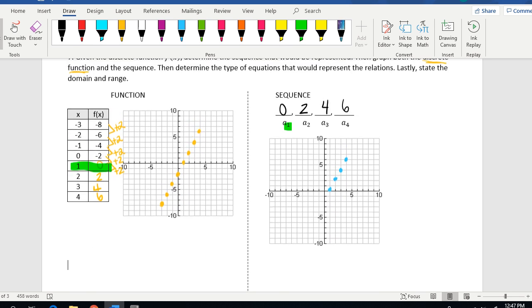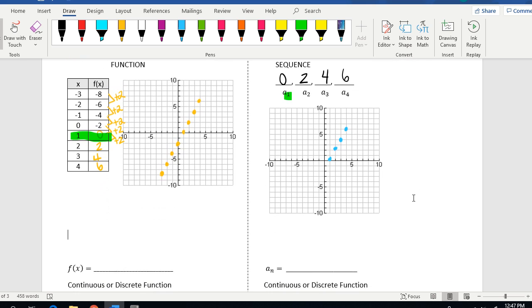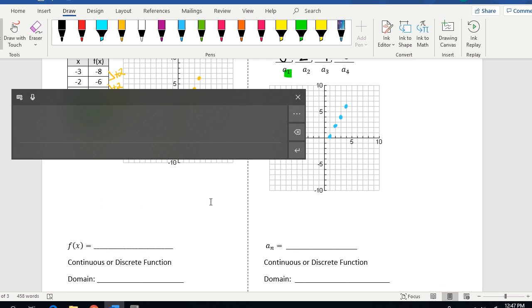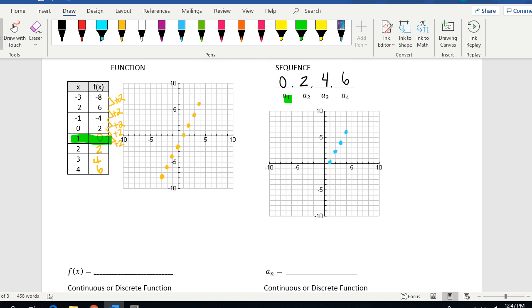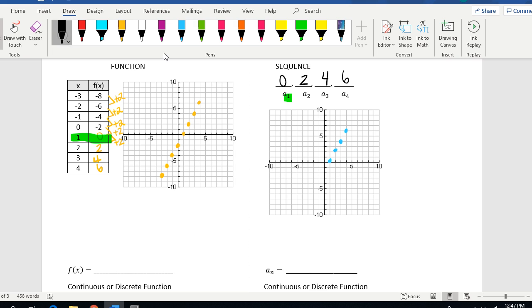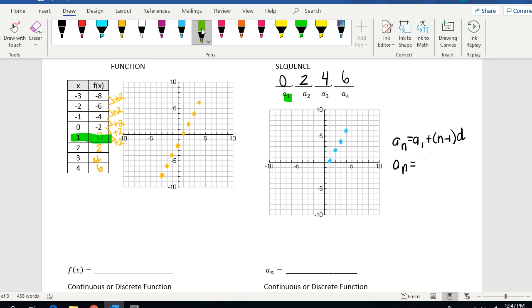All right. So now what we can do is we're going to actually create the sequence formula first, and then I'll change it to a function. So I'm going to have a sub n equals a sub 1 plus n minus 1 times d. Okay, this is kind of crazy. My first term is 0, and my common difference is that plus 2 still.